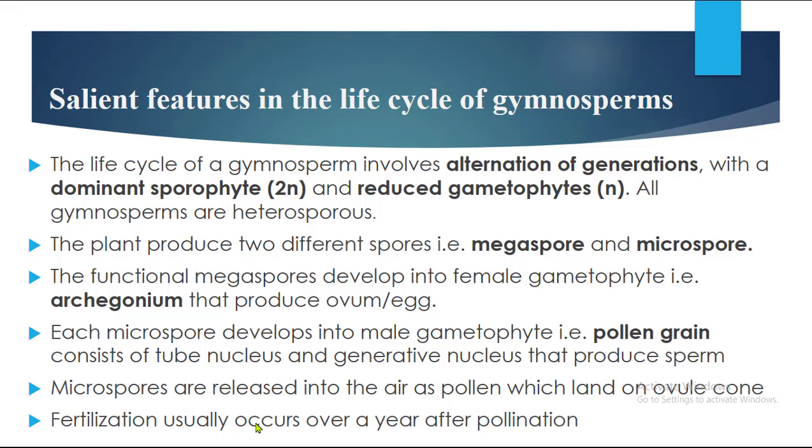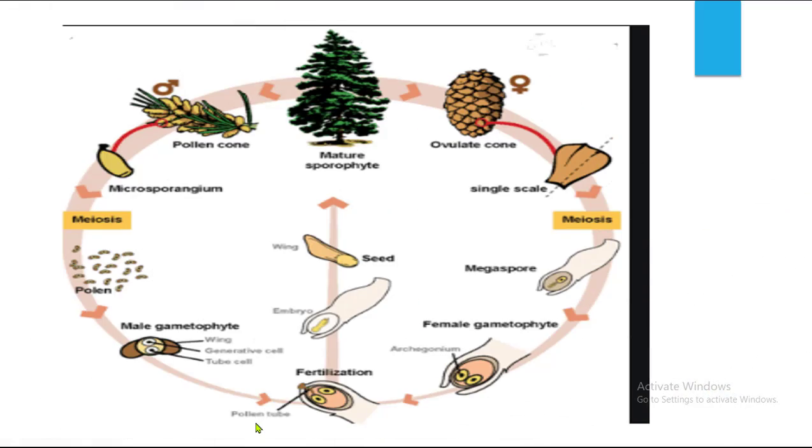So this was a brief summary. Let's try to understand the salient features of the life cycle of gymnosperm with the help of a diagram. Here you go. This diagram represents the life cycle of a gymnosperm. From here we will start.